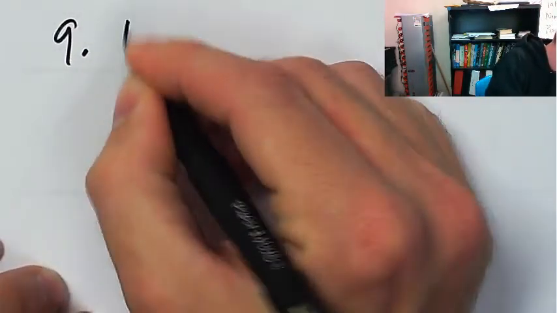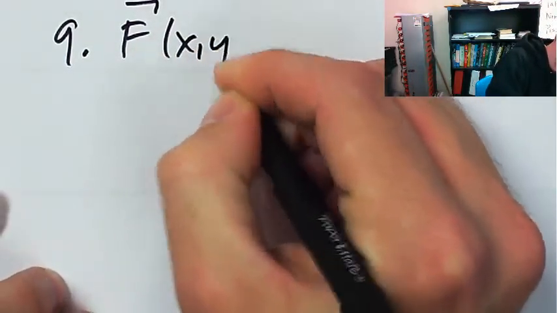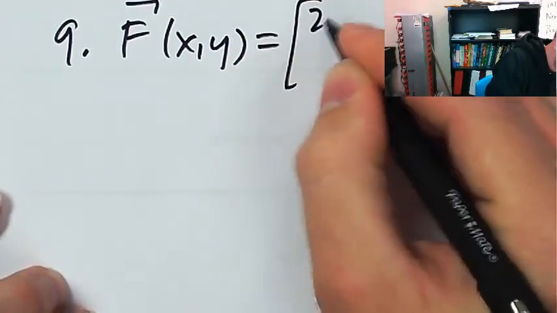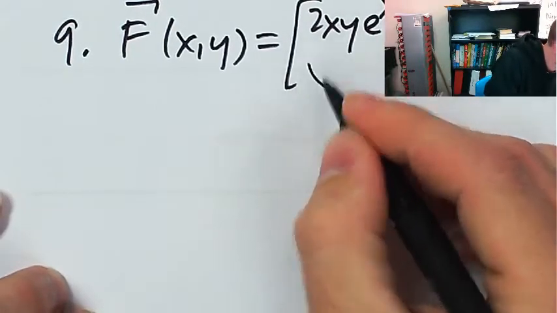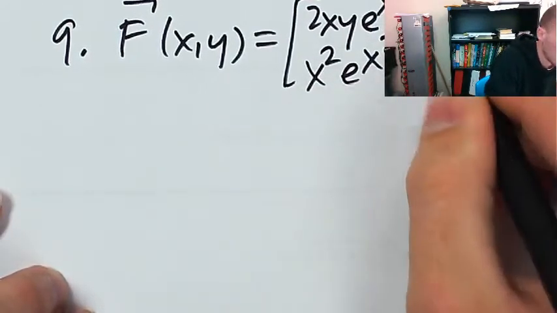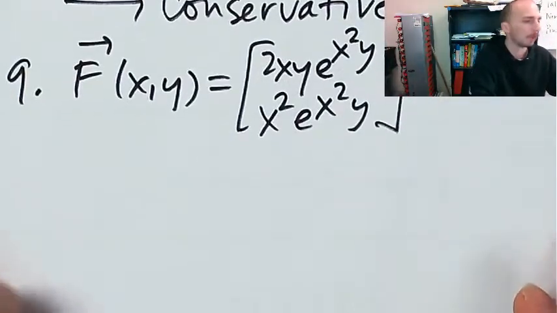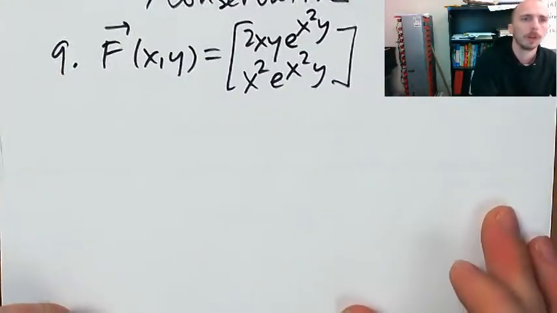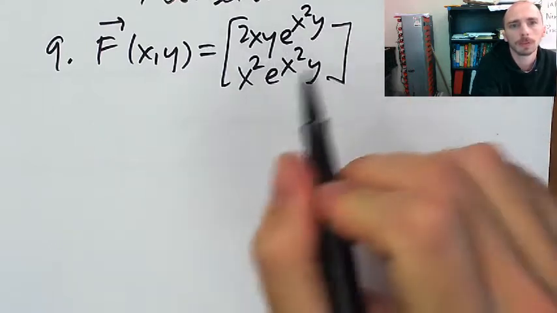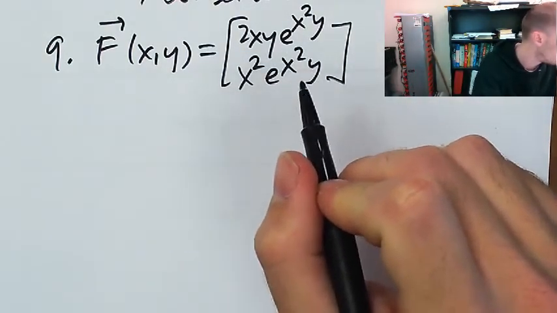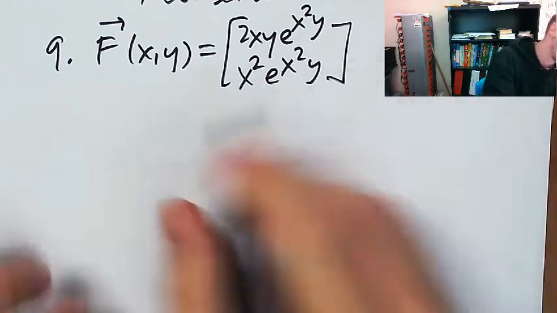Okay. Next, here are two conservative ones, and we are going to find the potential function. So we've got this one. I'm going to take the derivative of each of these and make sure that it's conservative, because I'm not totally convinced by looking at it.